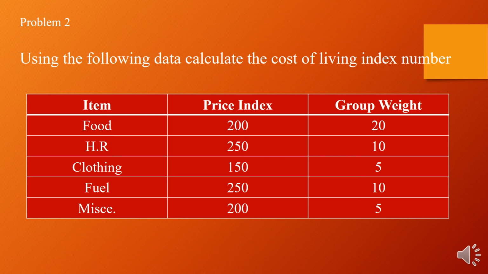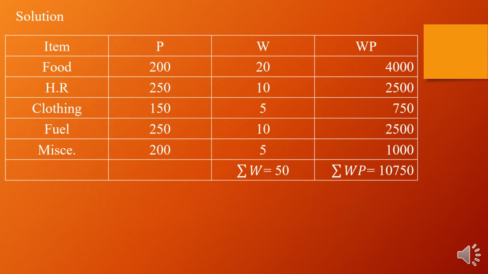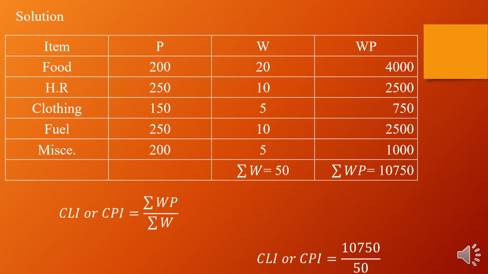The price index is 200 for food, 250 for house rent, 150 for clothing, 250 for fuel and 200 for miscellaneous, and their weights are 20, 10, 5, 10 and 5. So we have to find W into P, which is 4000, 2500, 720, 2500 and 1000. The sum is 10,750.